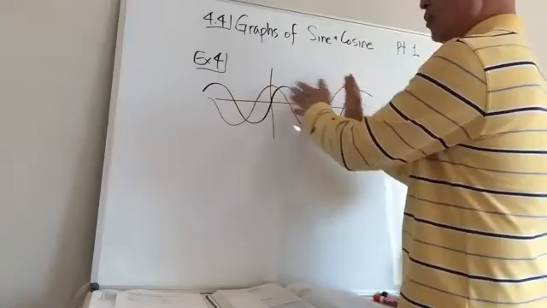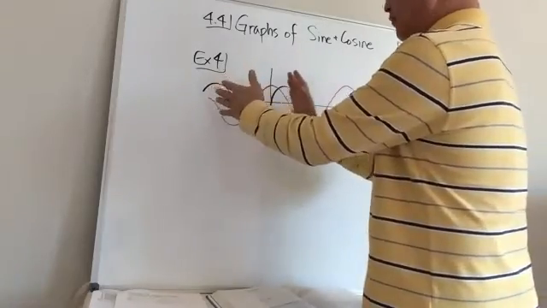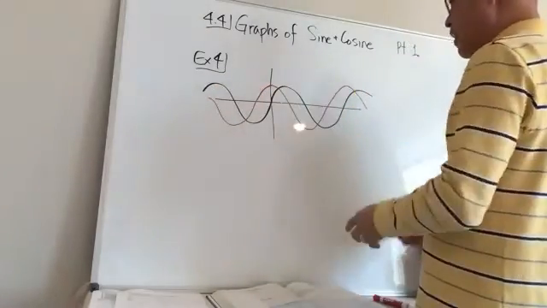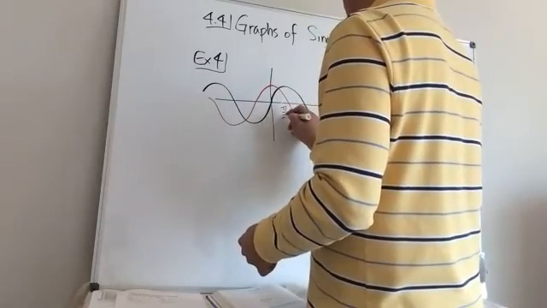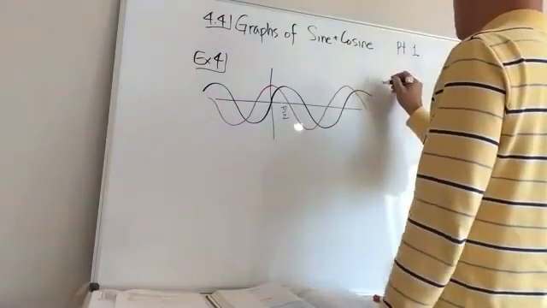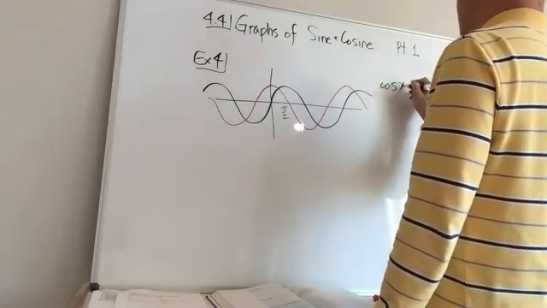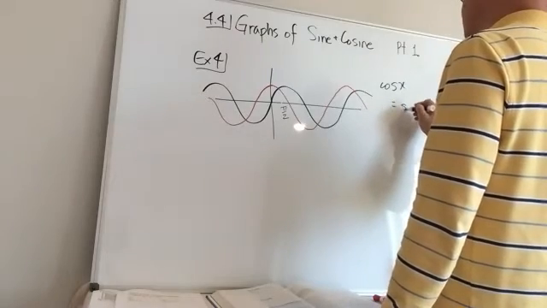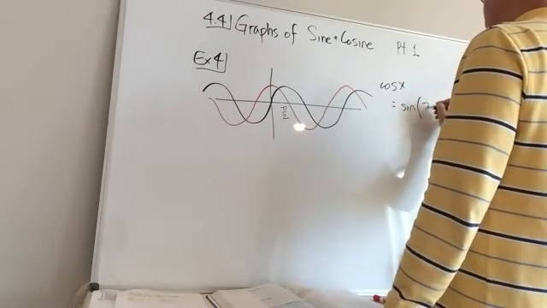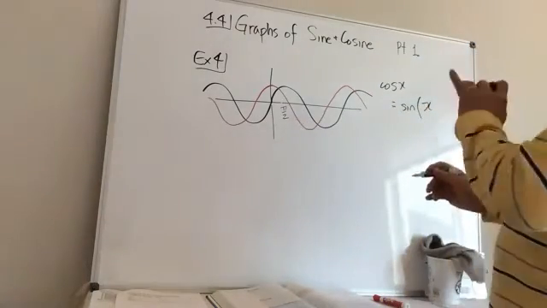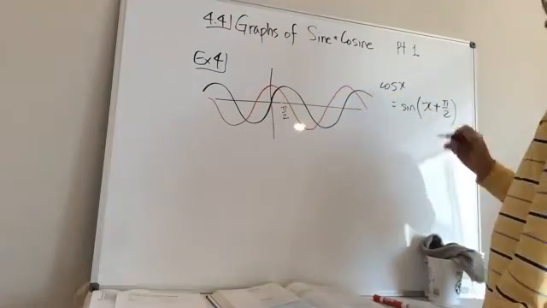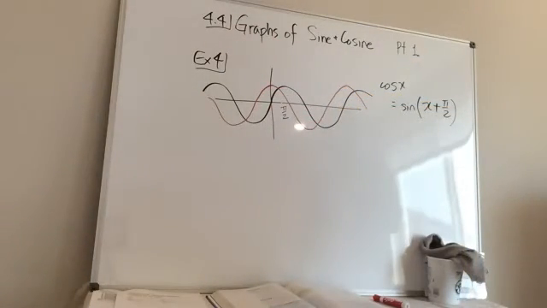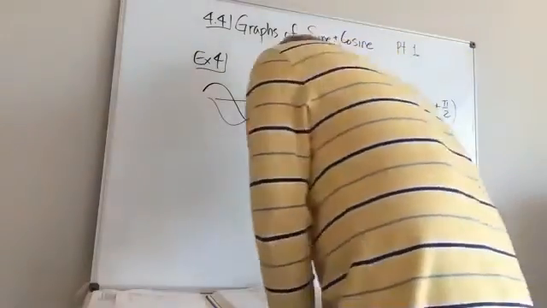I shifted it to the left. But I shifted to the left how much? I shifted to the left by pi over 2, right? So the cosine x is the same as taking the sine function, and instead of x, I'm moving it to the left, so it's going to look like this. Okay, so that would be the first one.